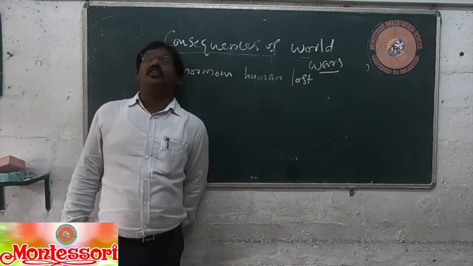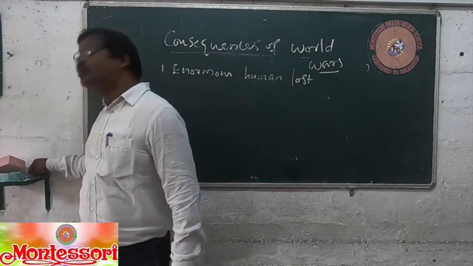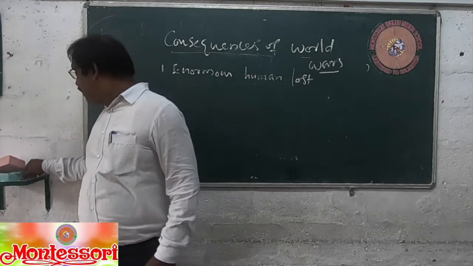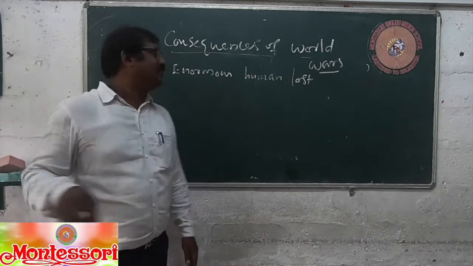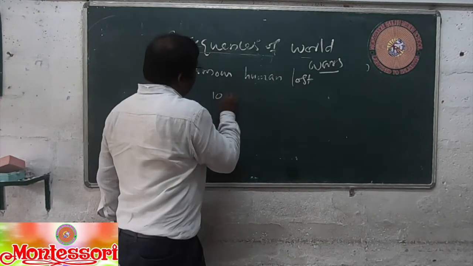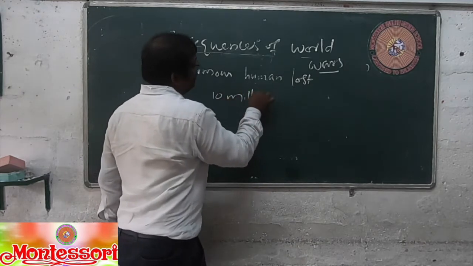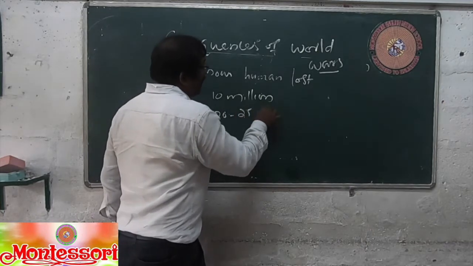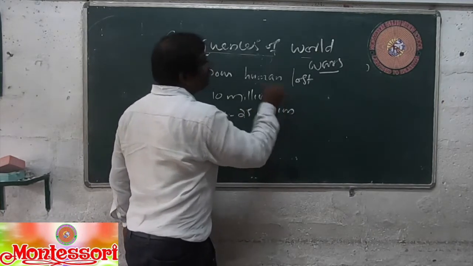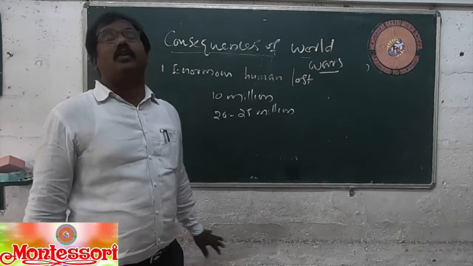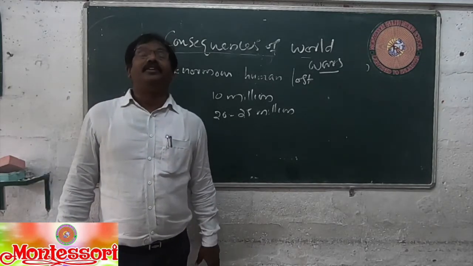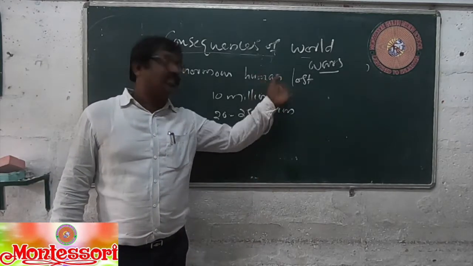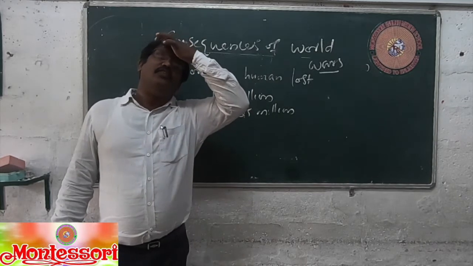In the Second World War, around 20 to 25 million people were killed. So there is a huge loss of human life in the First World War and Second World War.